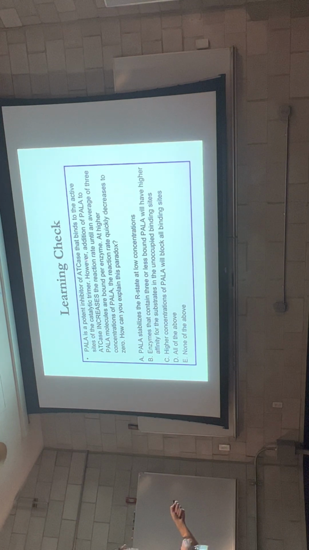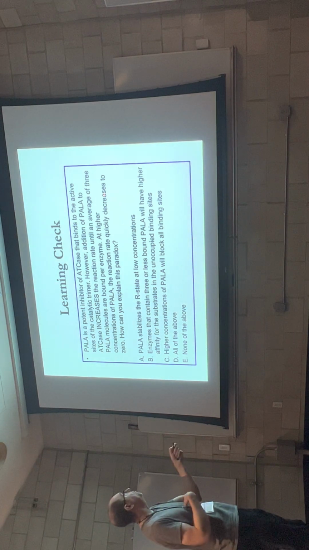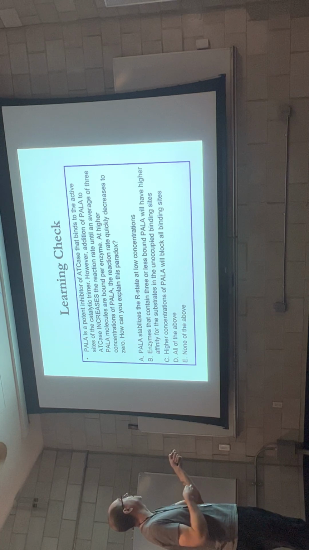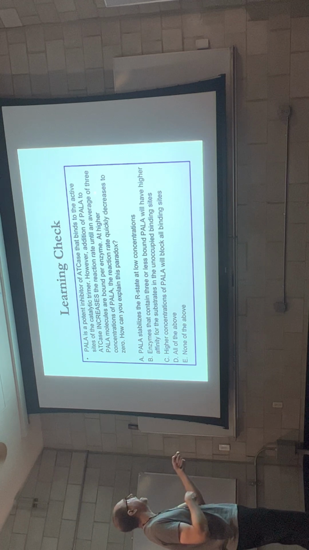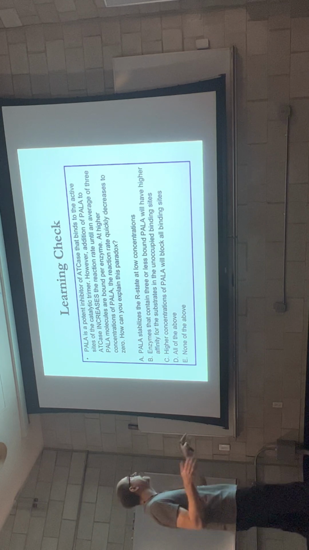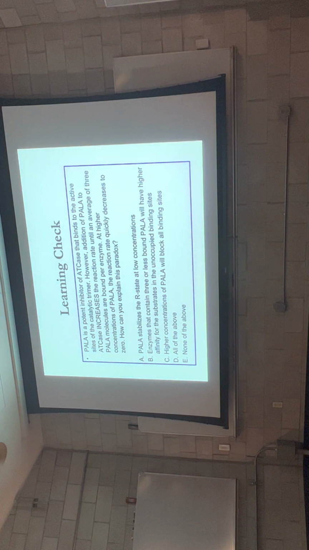There's this conundrum where we observe that adding PALA to ATCase in the presence of substrate will actually result in an increase in product formation, or an increase in catalysis, which is kind of bizarre. Then it says until an average of 3 PALA molecules are bound per enzyme, and eventually at higher concentrations of PALA, the reaction rate quickly decreases and goes to 0. So the question is, how do we explain this?